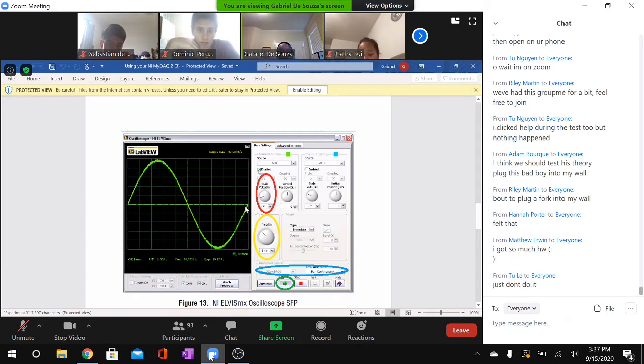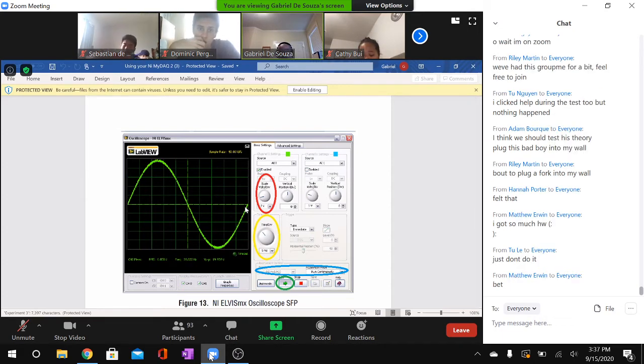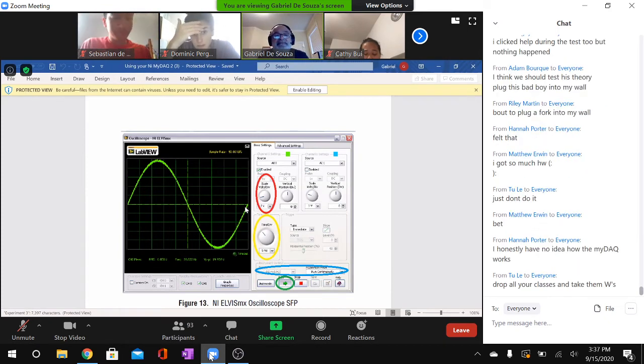So if I go on my calculator, I can compute what that frequency is. 1 divided by 50 milliseconds is going to be 0.05. That is a 20 hertz signal, okay? So that is how you look at these types of signals.